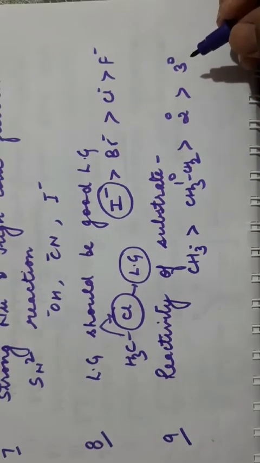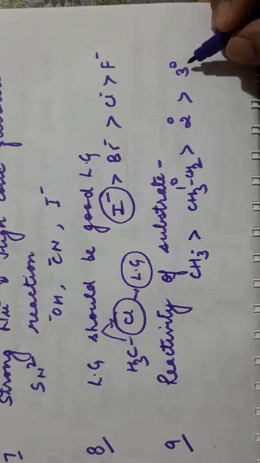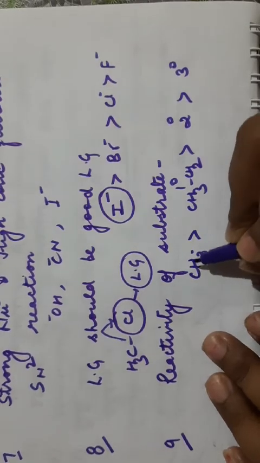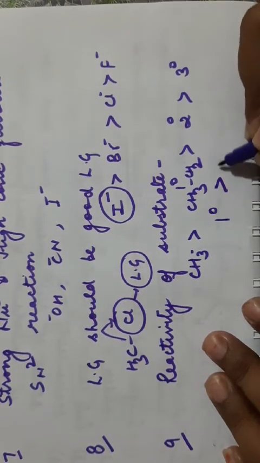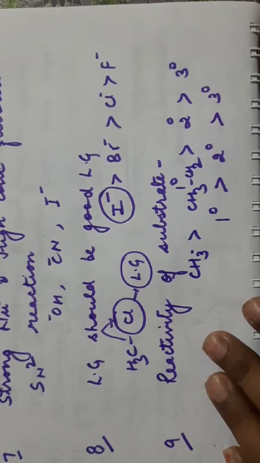In the 3 degree there will be a lot of steric hindrance because the alkyl groups are large groups. So the attack of OH minus or any nucleophile will not take place easily. You have to remember this reactivity order of substrate: 1 degree is more reactive than 2 degree, 2 degree is more reactive than 3 degree.